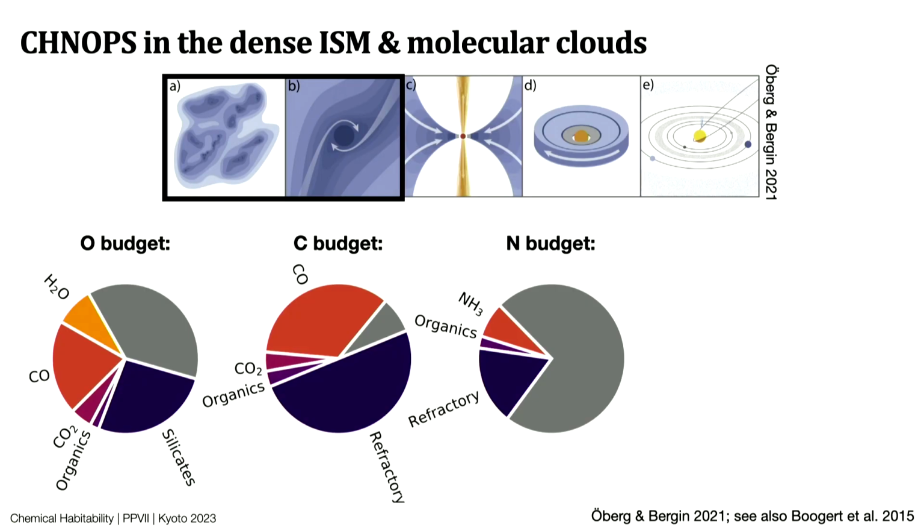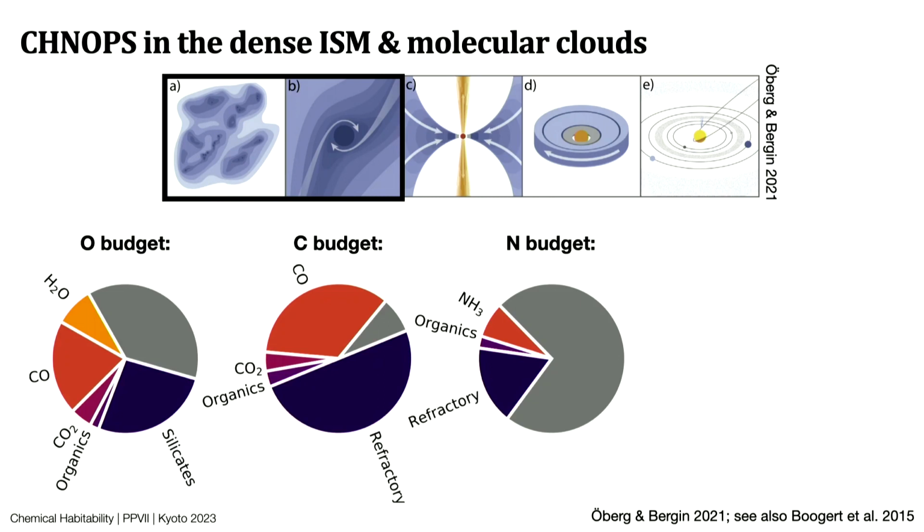Let's start with the raw materials, though. These elements don't enter protoplanetary disks as atoms, right? Chemistry starts very early in the dense ISM and in cold molecular clouds. We heard about it also on Tuesday morning. So based on ice abundance, ice absorption spectroscopy mostly, you can try to do an elemental accounting of where all the individual CHNOPS elements are.